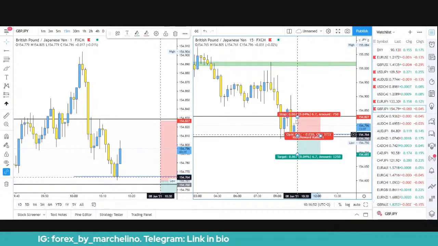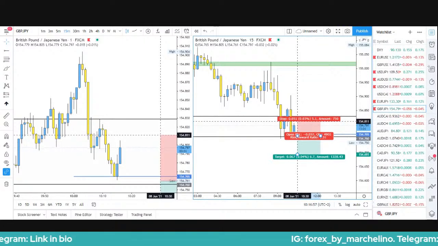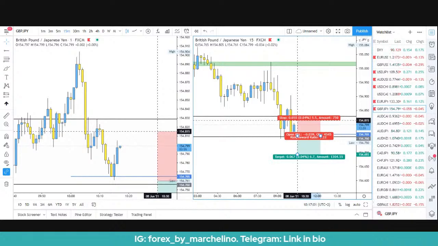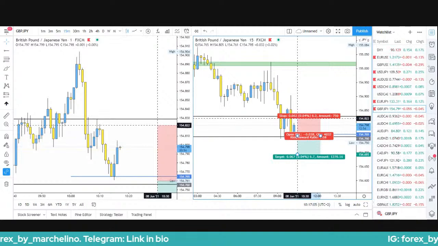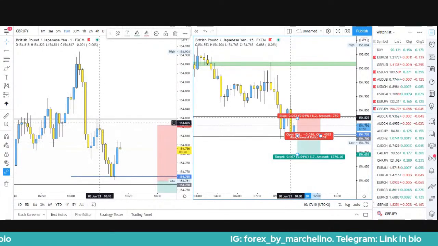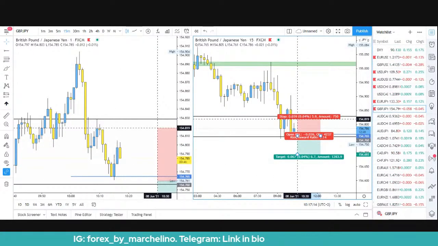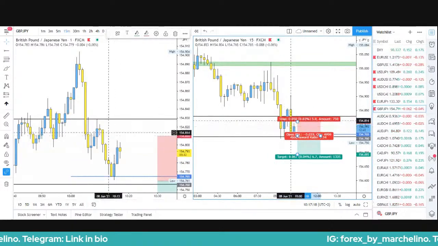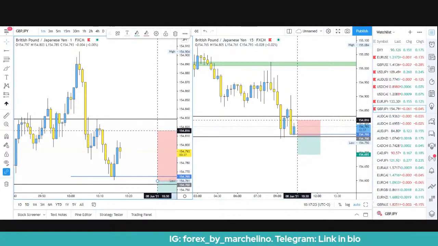So we can get in at 60, maybe the 5 pip, depending on how price reacts. Now you want price to stay below this level. So if you go to 6 pip stop, 5 is very close to where price is. So I think 6 is probably the best option.